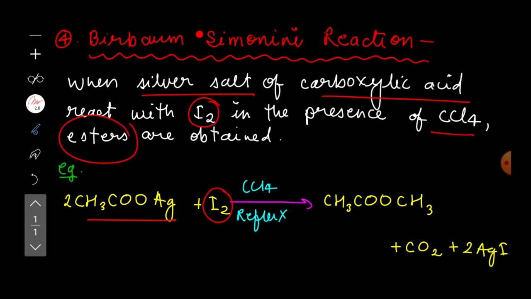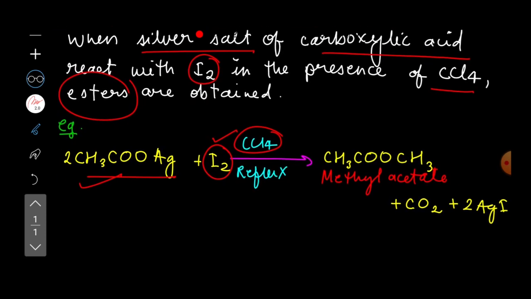Example is, this is the silver salt of acetic acid. When this is treated with iodine in presence of carbon tetrachloride, this will form an ester, that is methyl acetate, and the co-products are carbon dioxide and silver iodide.